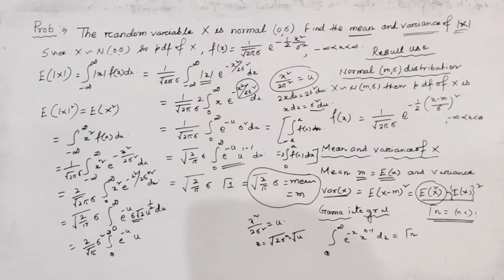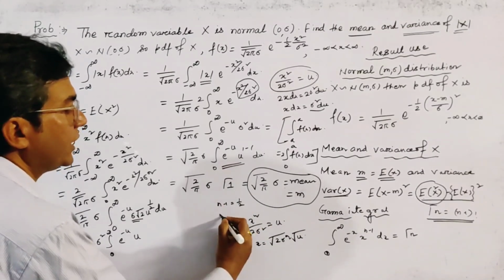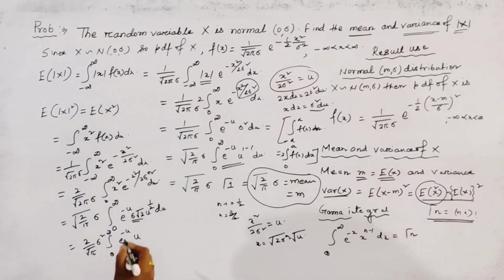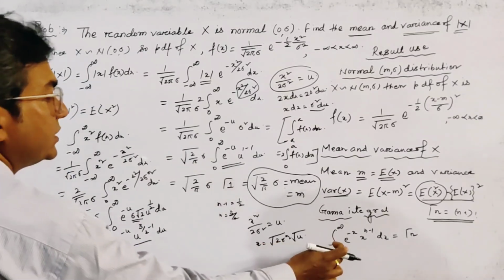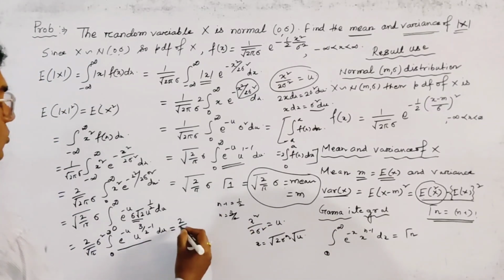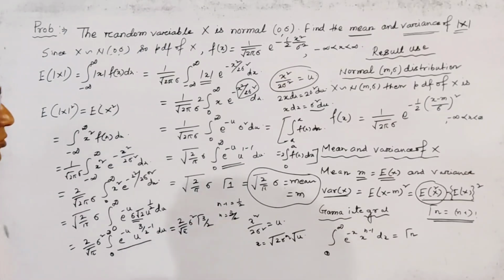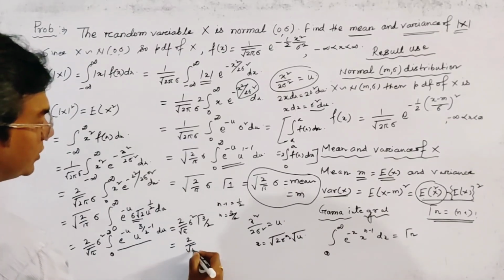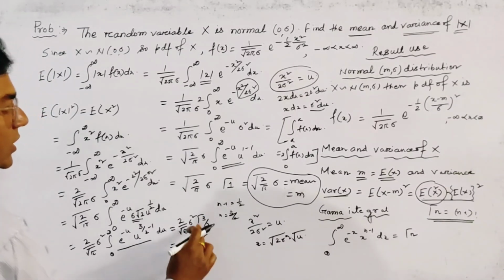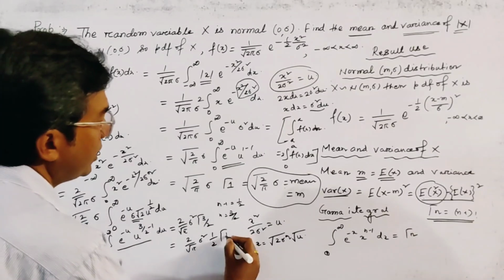We can write n minus 1 equal to half, so n is equal to 3 by 2, so we can write this result as u to the power 3 by 2 minus 1 du. Clearly, by using this definition we write the result as 2 by root pi sigma square gamma 3 by 2, and this is given by half gamma half.